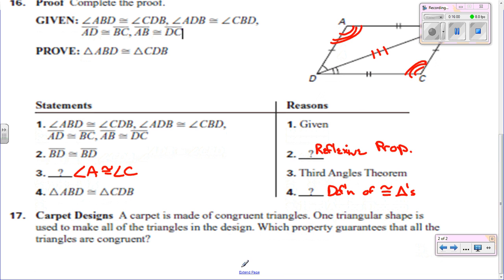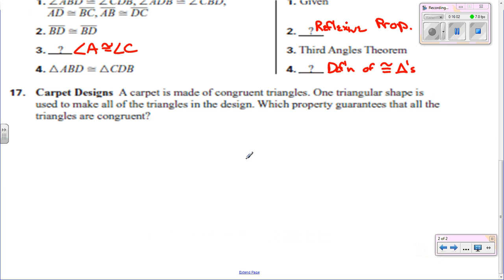Okay, last one. Carpet is made of congruent triangles. One triangular shape is used to make all the triangles in the design. Which property guarantees that all the triangles are congruent?